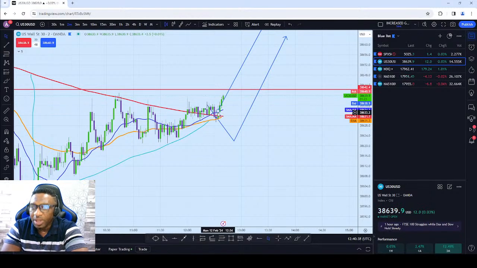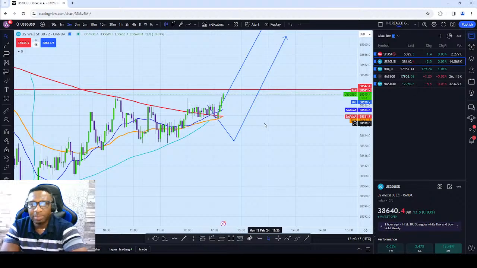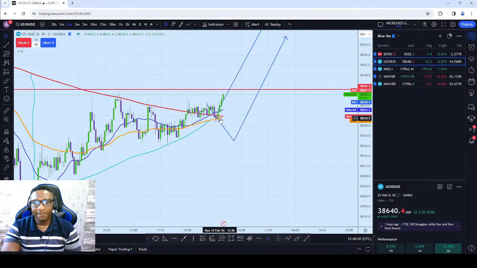So, as we can see, our entry was somewhere here, and price pulled back, but it doesn't really matter anyway, since whatever stop loss you have there was within your maximum loss per trade. So the best thing we could have done was to re-enter here, as the price took out this candle.